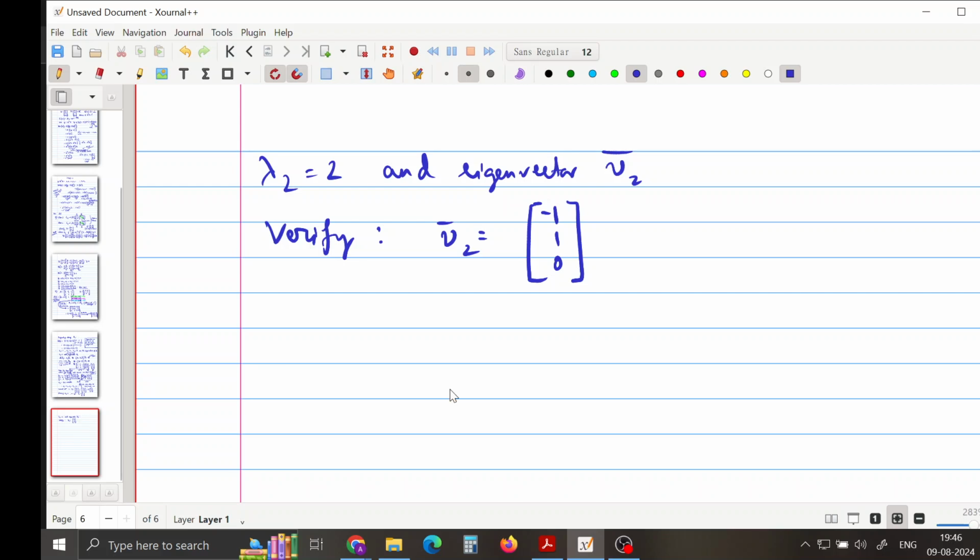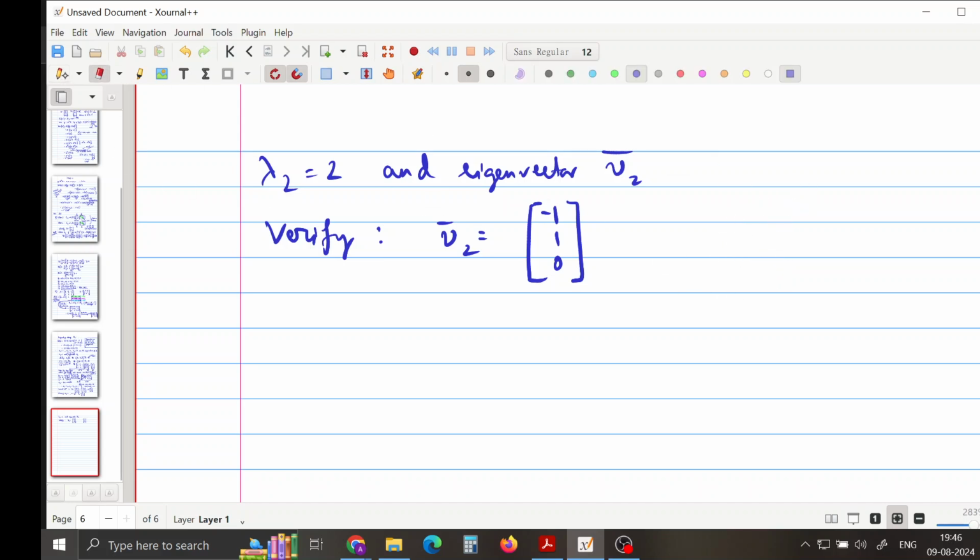If I get some eigenvector, you can come up with some scalar version of that as well, depending on your choice of the free variable. So someone can also claim that he got -2, 2, 0. That also makes sense.